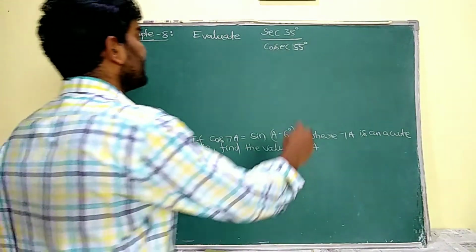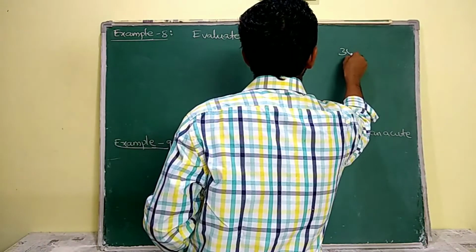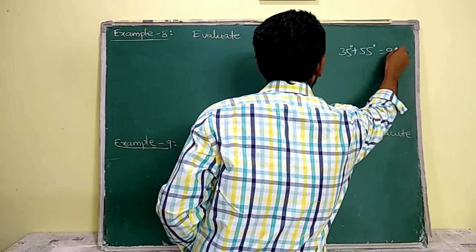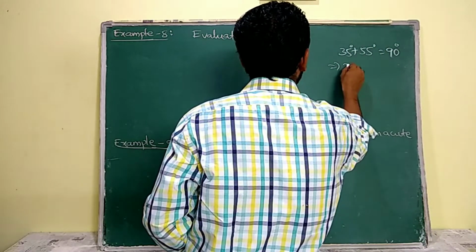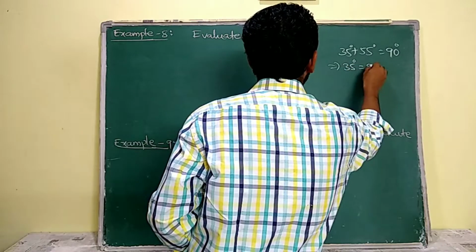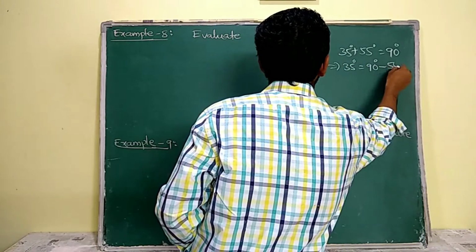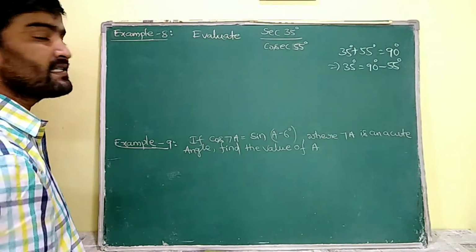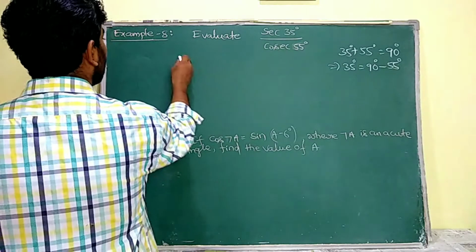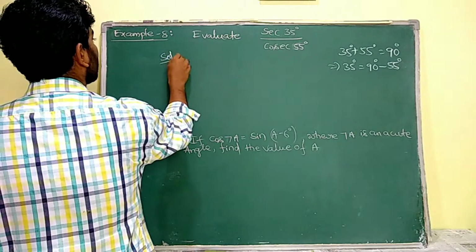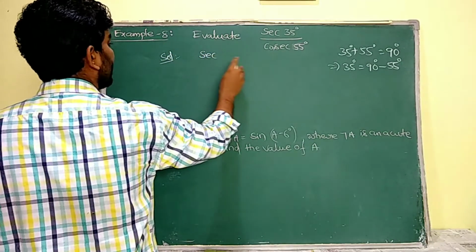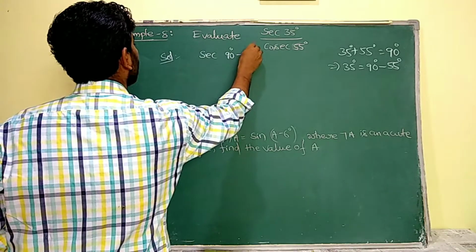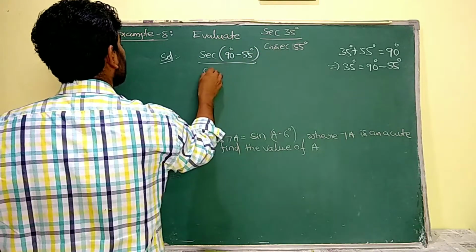Firstly add these two angles, 35 plus 55. Yes, this is equal to 90 degrees. So express one angle in terms of the other. I expressed 35 degrees as 90 minus 55. Then write secant of 90 degrees minus 55 degrees, whole by cosecant 55 degrees.